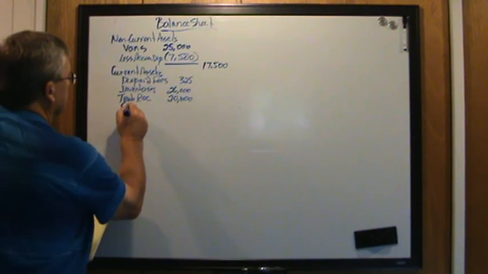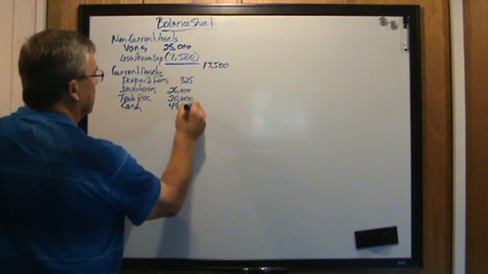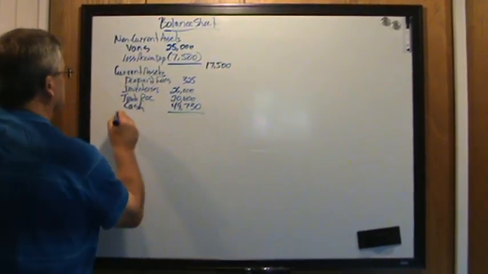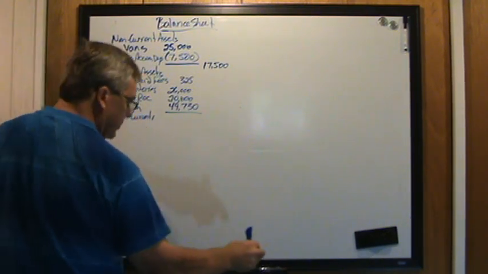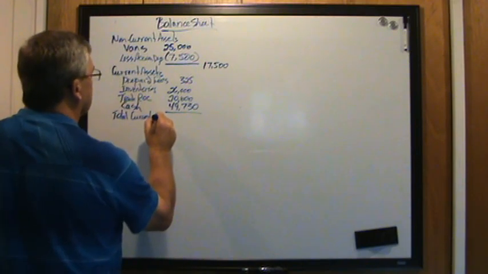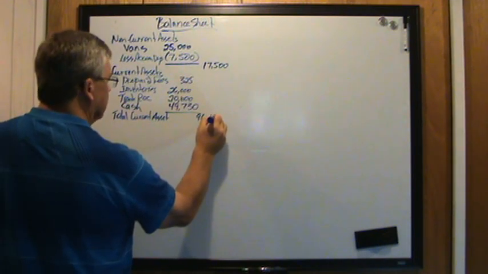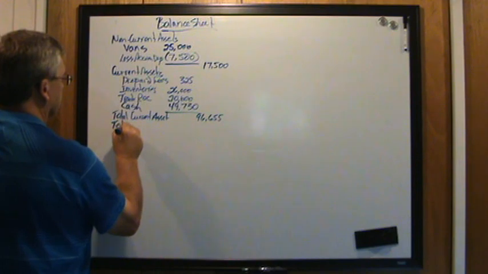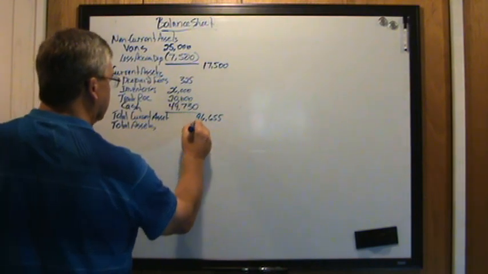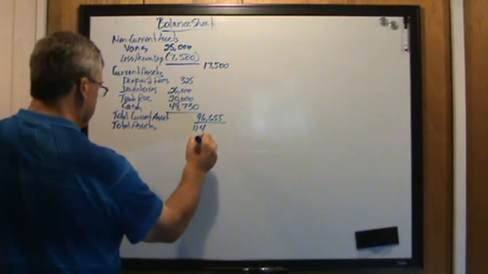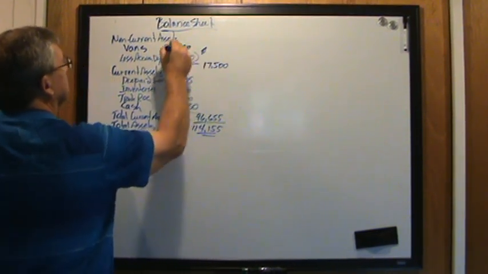And finally, cash. Cash is 49,730. Okay, so total current assets are 96,655, and total assets equal 114,155. Double underline, dollar sign there, dollar sign here.